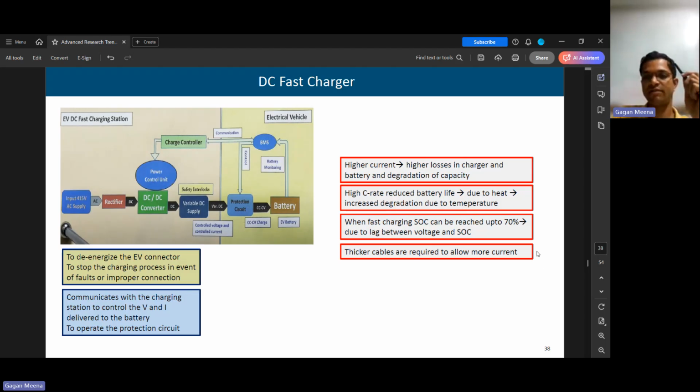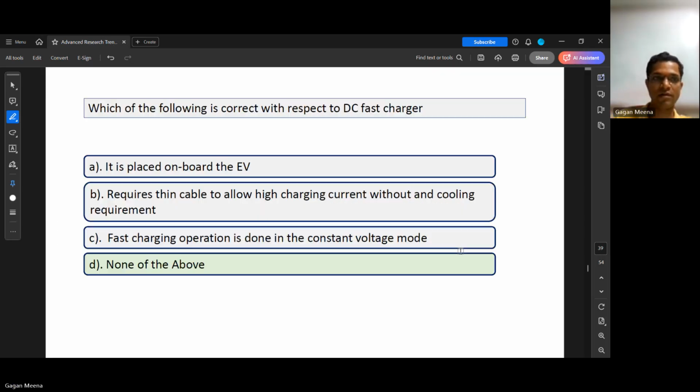Therefore, the fast chargers are first operated in the constant current mode, and then in the constant voltage mode. In fast chargers, thicker cables are required to allow more current.